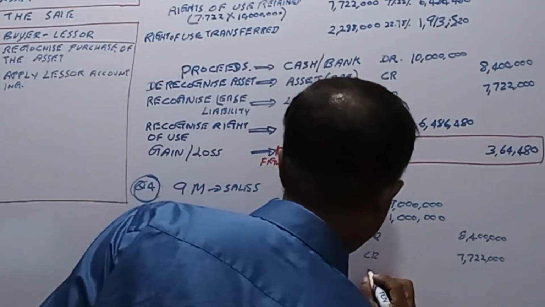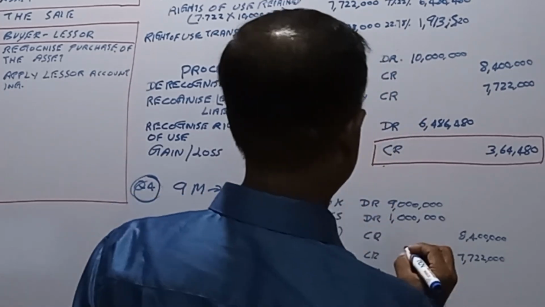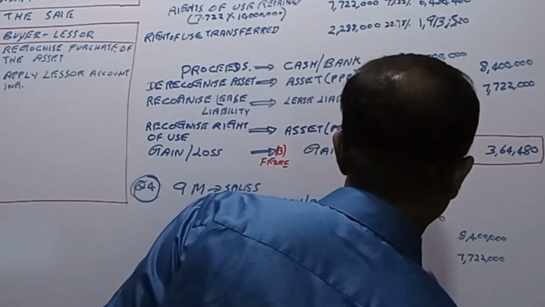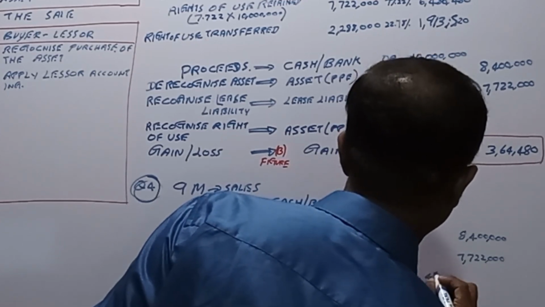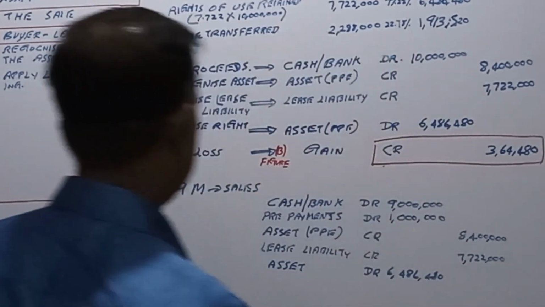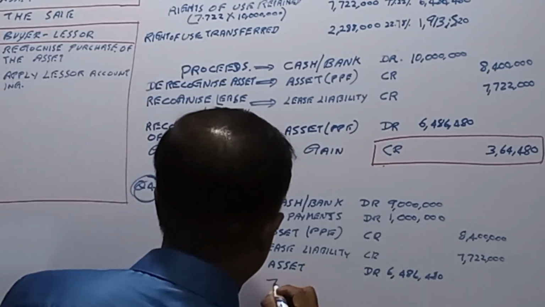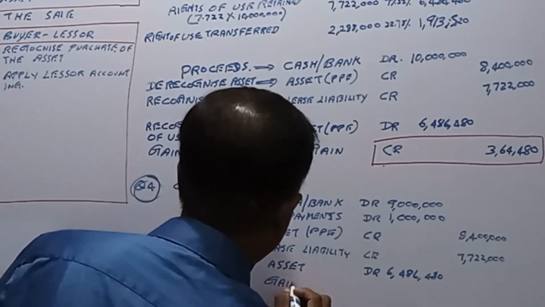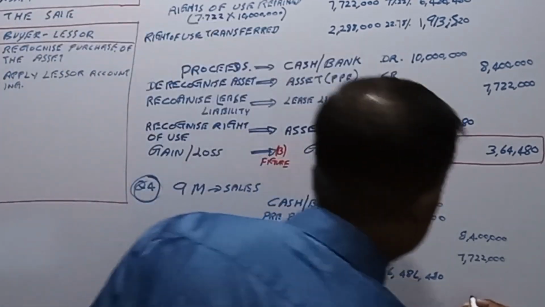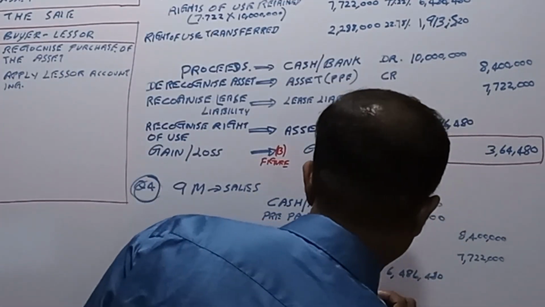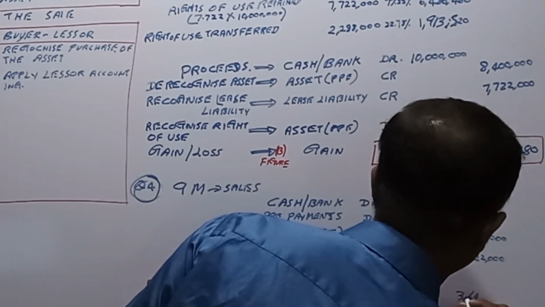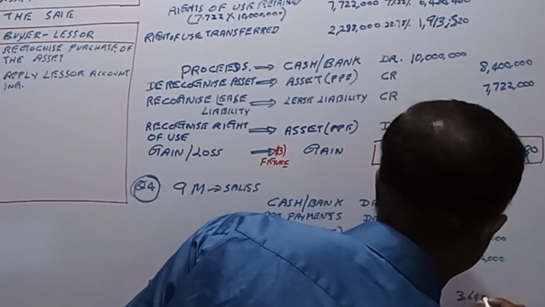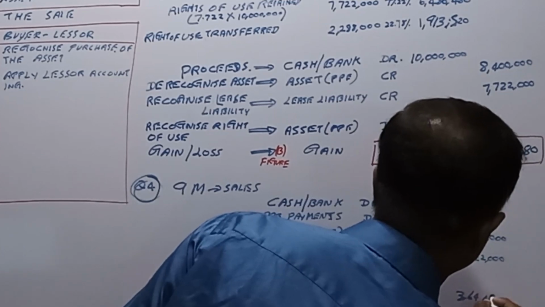Asset account is debited at 6,486,480, right? Then gain is credit 3,364,480, right?